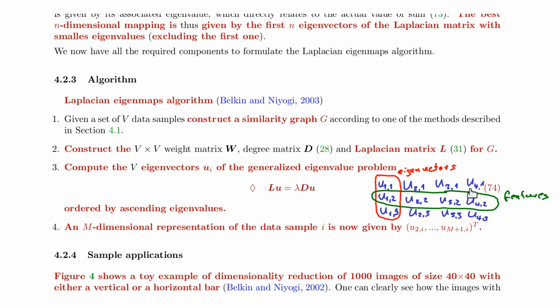Because there are no 4 eigenvectors, right? So we would actually imagine that you have more nodes in order to actually support 4 eigenvectors. It's not possible to extract more feature elements than you have nodes. So in that sense, it's a confusing example that I've written here, but I hope you get the point. So the eigenvectors are in this direction, and the features that you extract are in this direction.